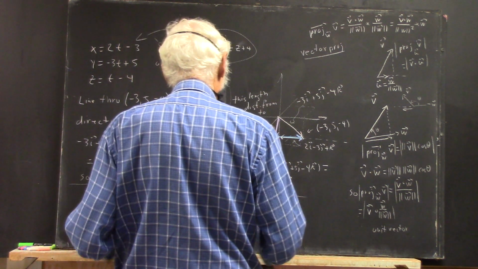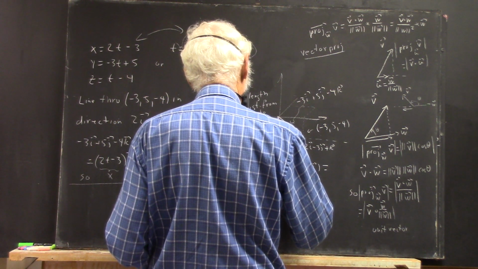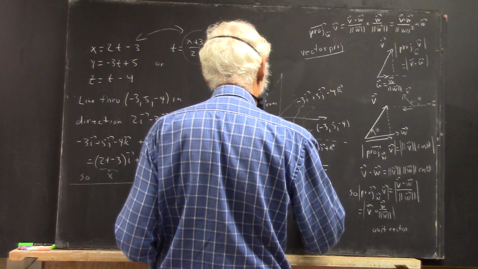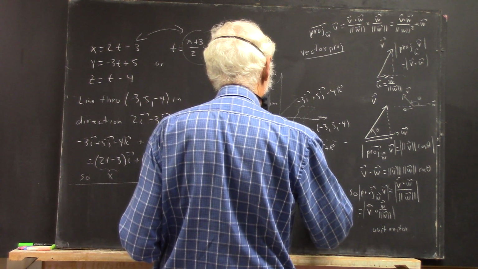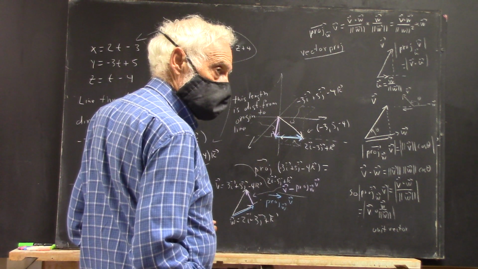So this vector is v minus the projection, okay.